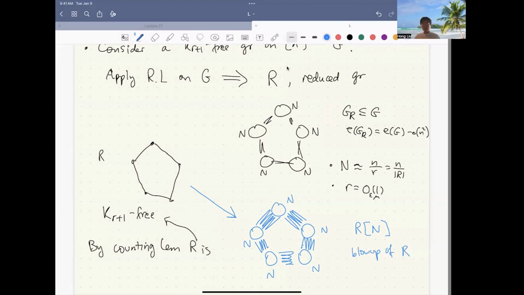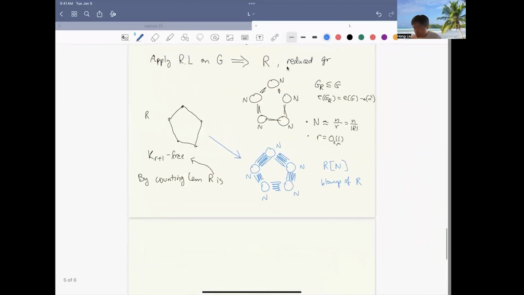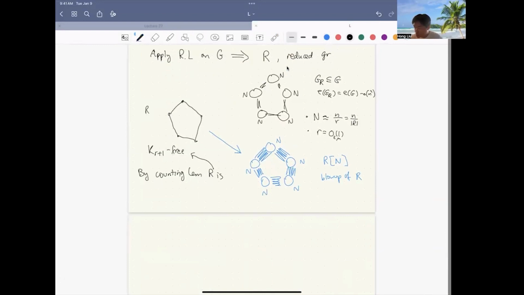Okay, now we're going to observe something crucial. What do we want to observe? I want to ask how many edges of G. First thing to notice, let's do it slowly: G_R is a subgraph of this graph R[n].